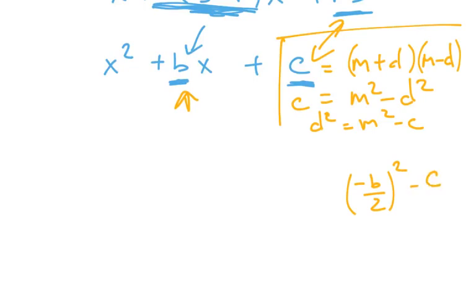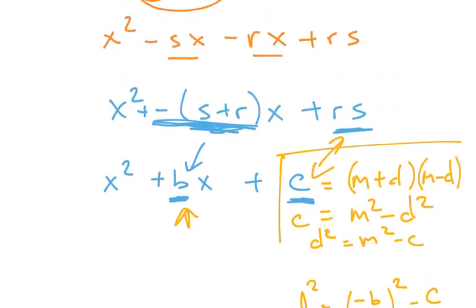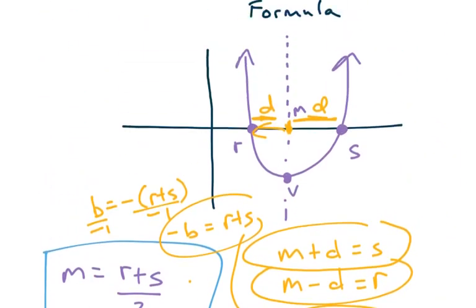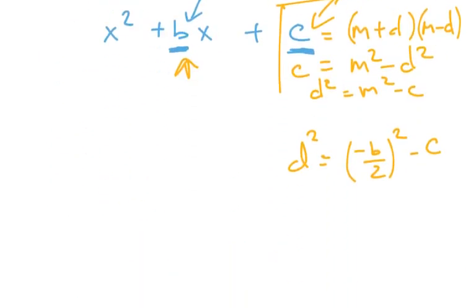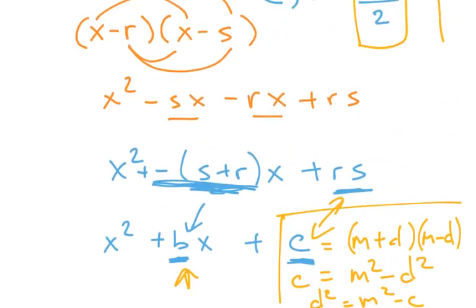I can solve for c, and that's going to give me d squared. And I like this because if I can solve for d, we know that to find s and r, it's just m plus d, m minus d, right? So if I take my m, which is negative b over 2, right?